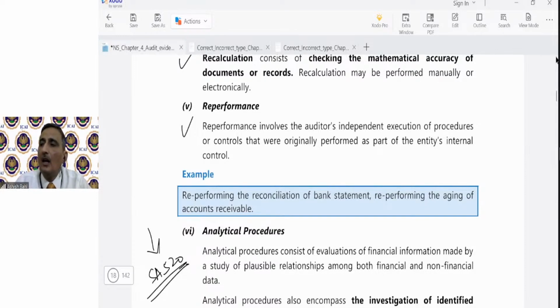So when you physically see an asset, you do not see somebody doing a thing. When you physically see a box containing shirts, there is nobody you are seeing doing some activity.